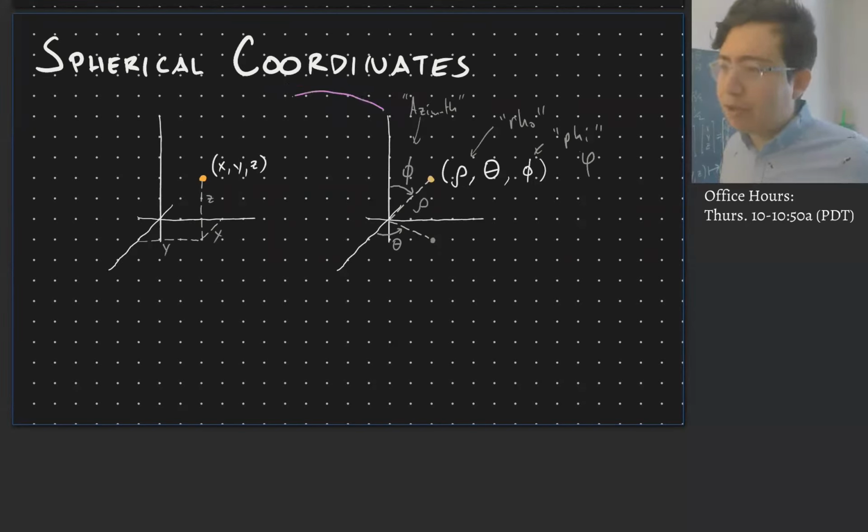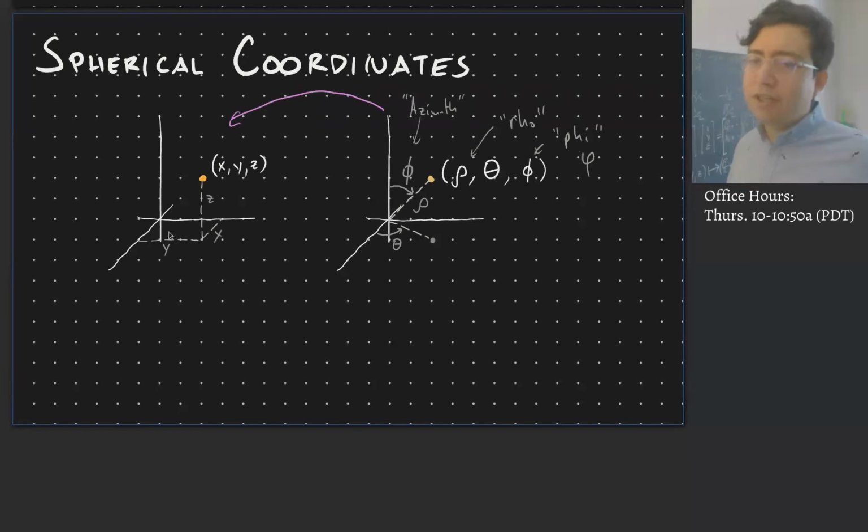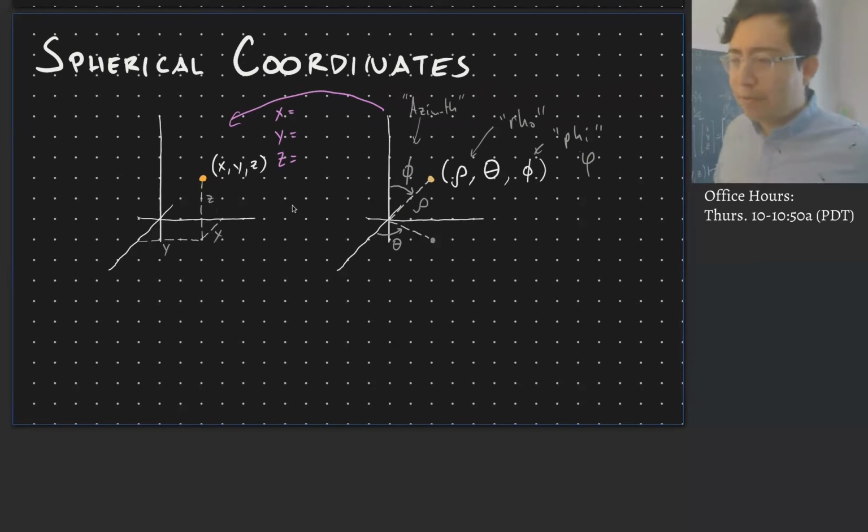It's probably best to just go from spherical to Cartesian and then Cartesian to polar if you need to. The formulas here are going to be kind of similar. You're going to see some similarities between this and the polar coordinates, or the cylindrical coordinates, I should say. But it's not going to be exactly the same.